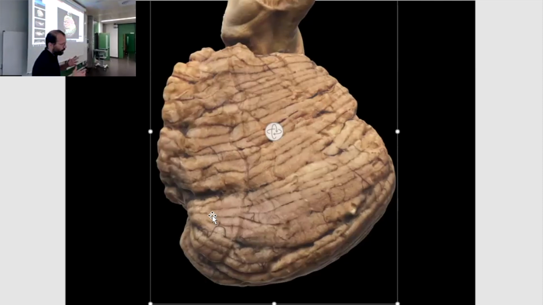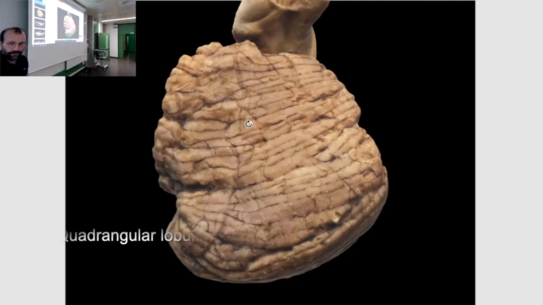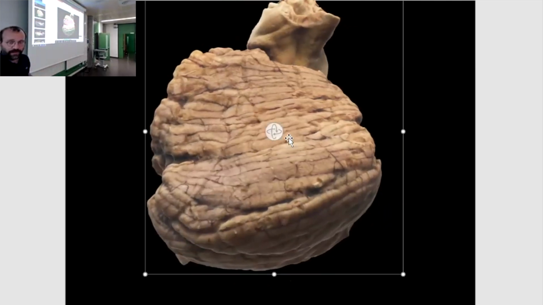Also, there are several names, post-clival, the primary fissure, another name I forget, but anyway, the primary and secondary fissures identify the quadrangular lobule, anterior and posterior. And then the semilunar lobule, superior and inferior, around the great horizontal fissure.